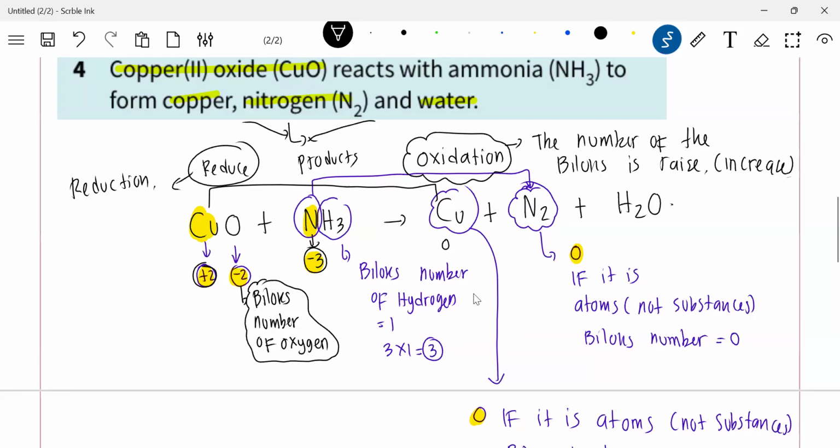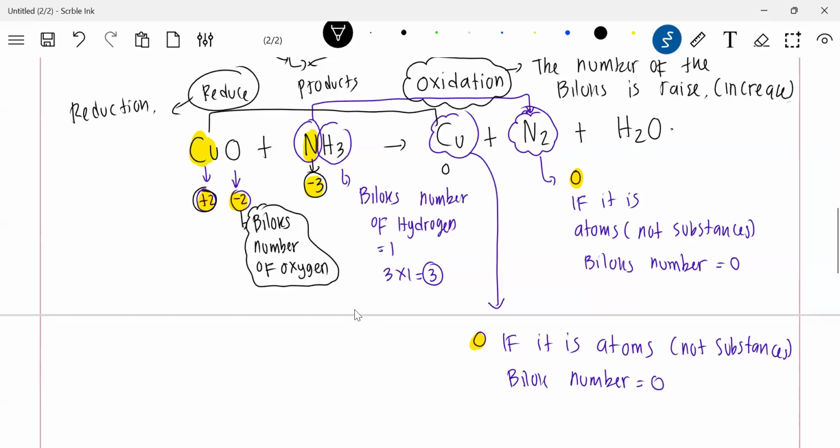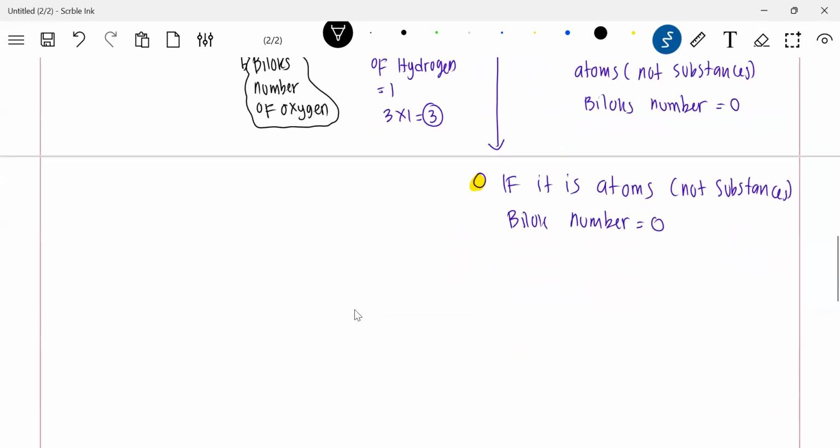It's only atomic structure, up to now, because we only just started school. Oh, in grade 10, have you learned chemistry before? Yes. Okay, good. Nice. Okay, I will continue again.